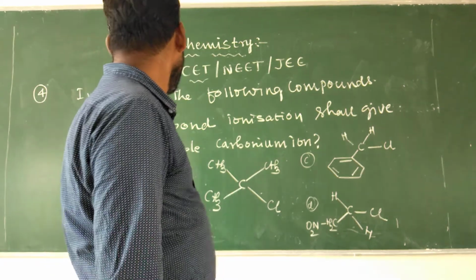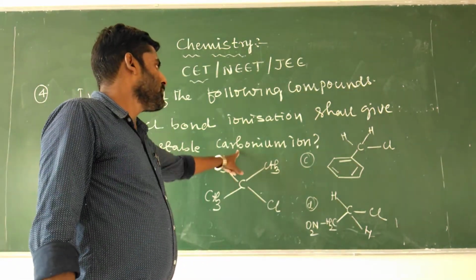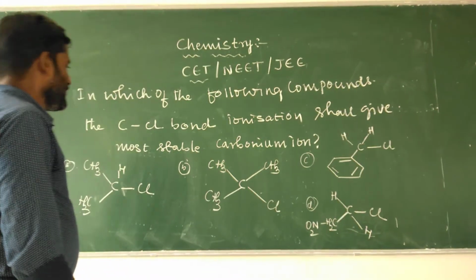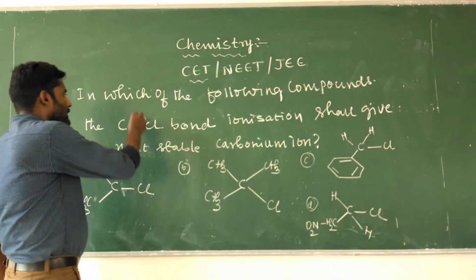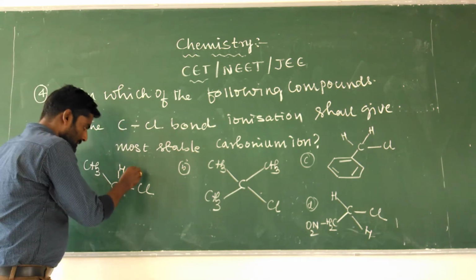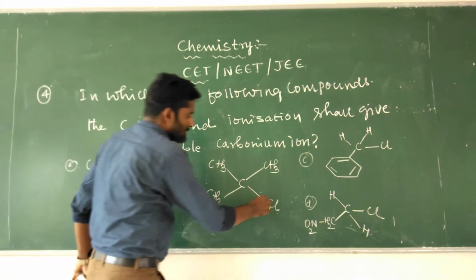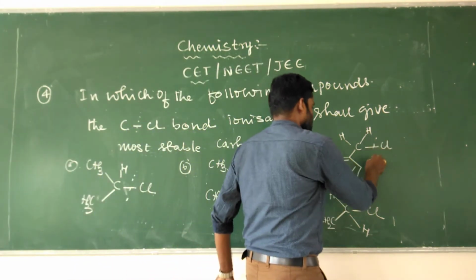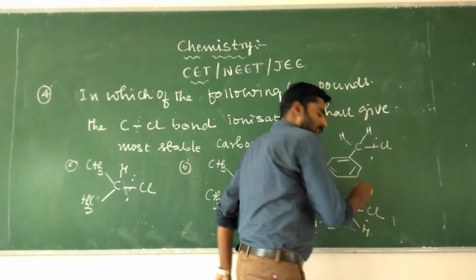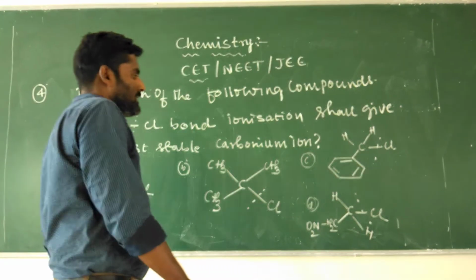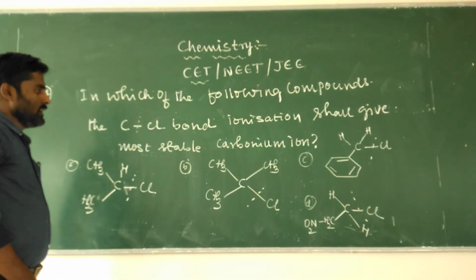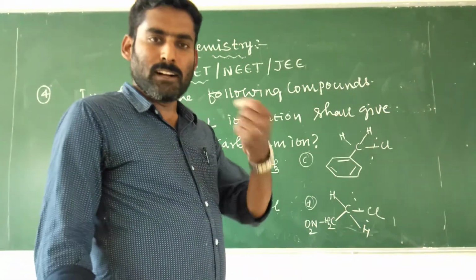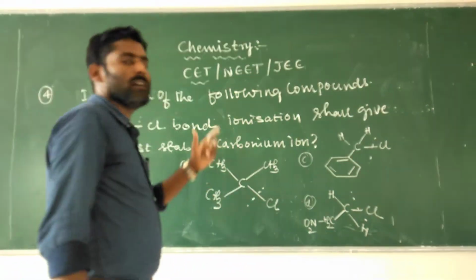In all the options, a carbon-chlorine bond is present. So on ionization of the carbon and chlorine bond, which option will give the most stable carbocation?